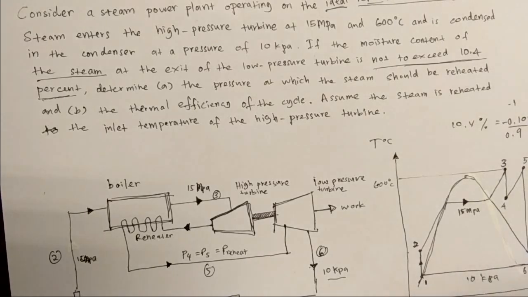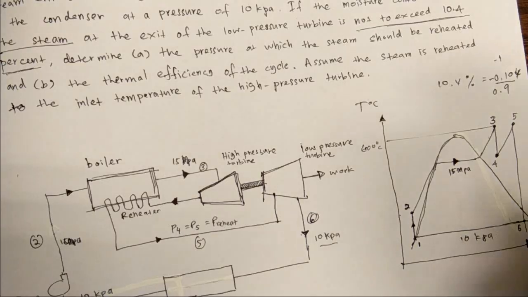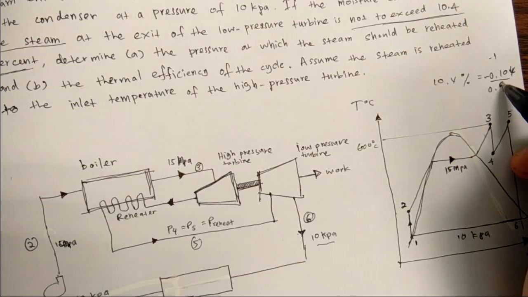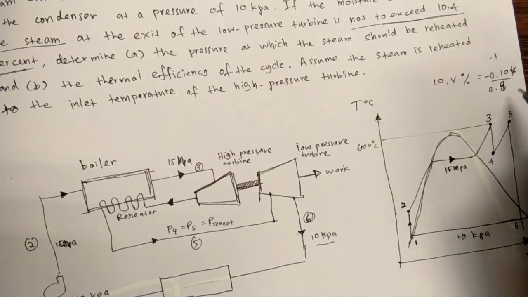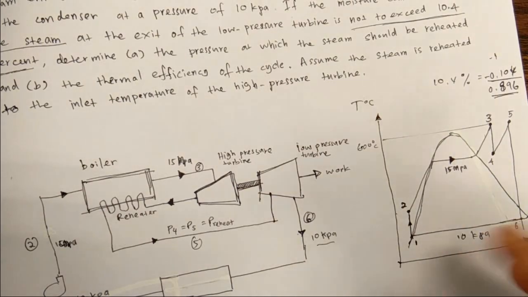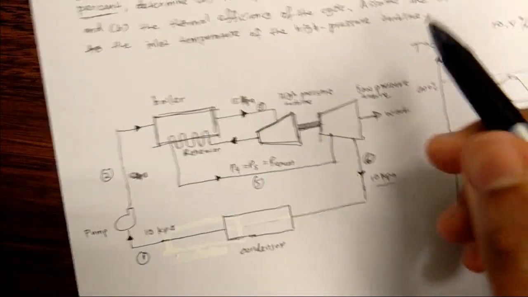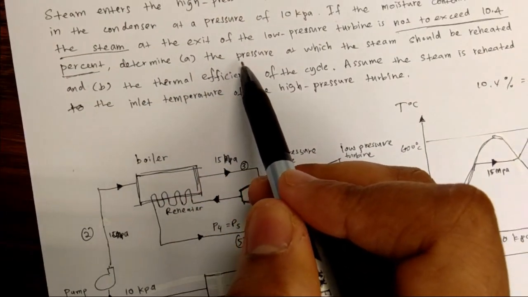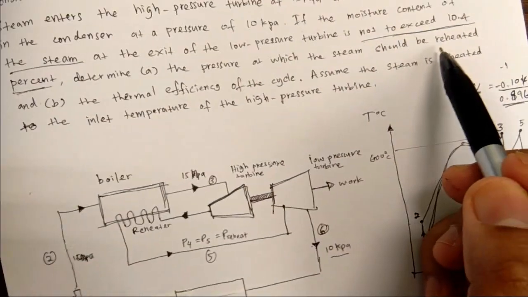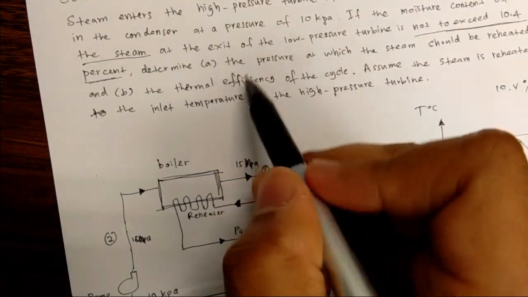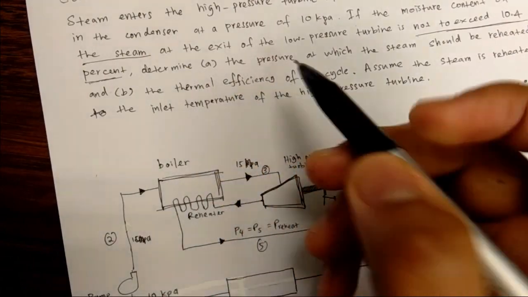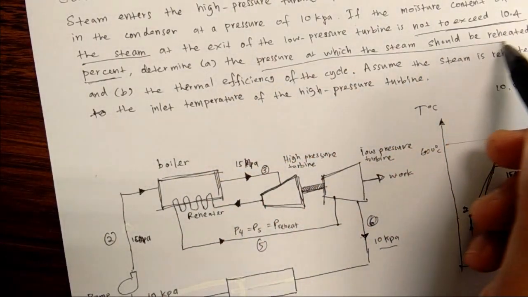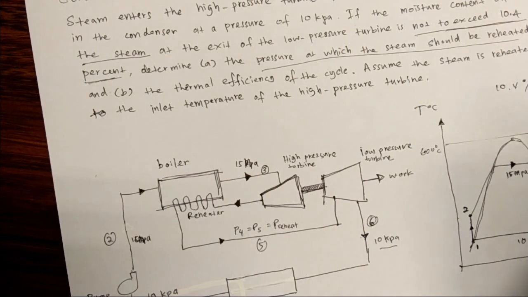sorry, 0.896. Okay, and then we need to determine the pressure at which the steam should be reheated, which means the pressure at state 4.